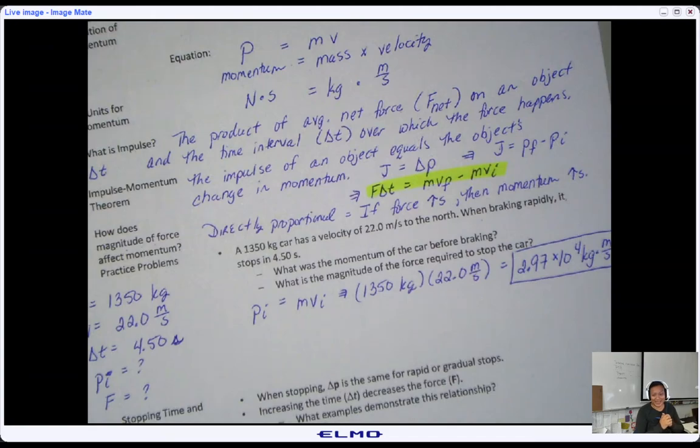It doesn't bend very much. So when that metal contacts something, your stop is going to be pretty much immediate. So you have a short stop time. But as far as you, that also means the force on you is going to be a lot greater. So stopping quickly, but you have a lot of force.